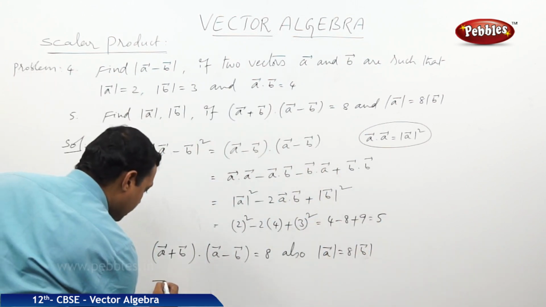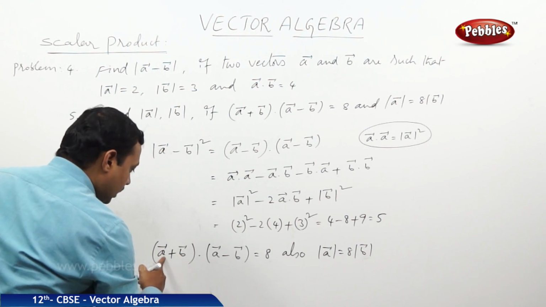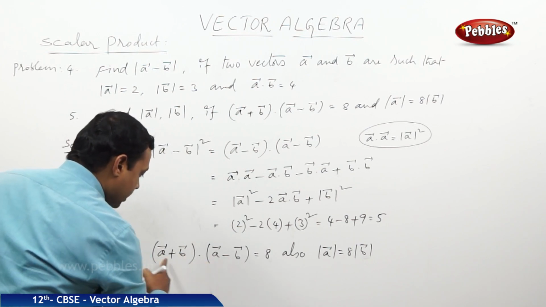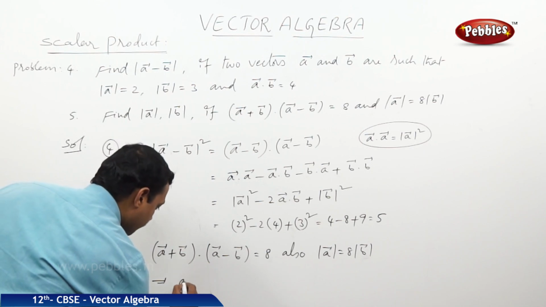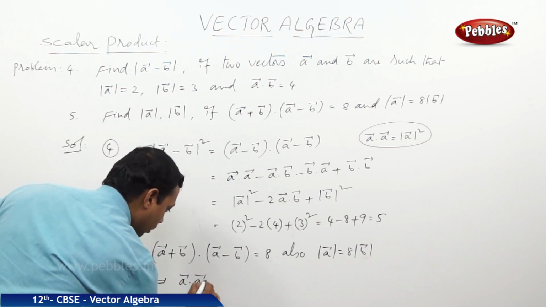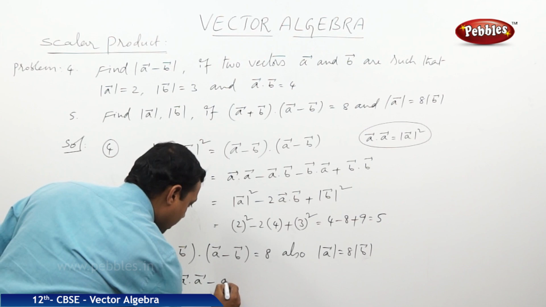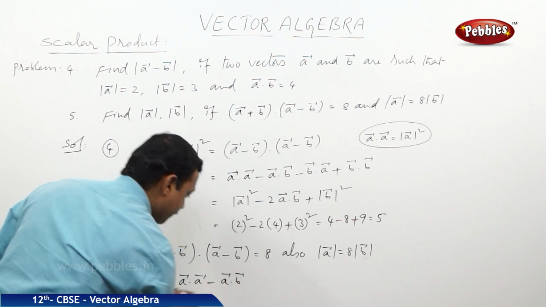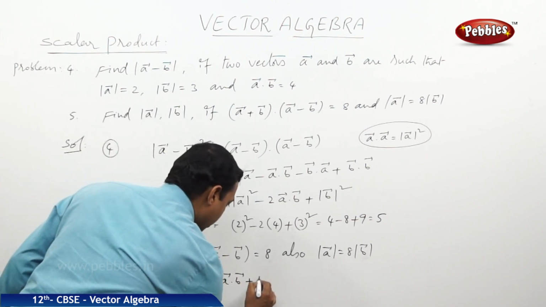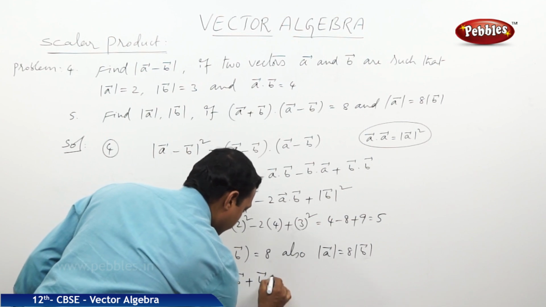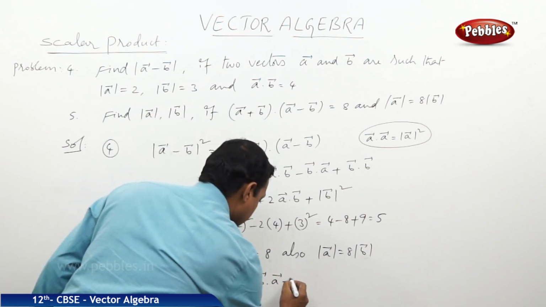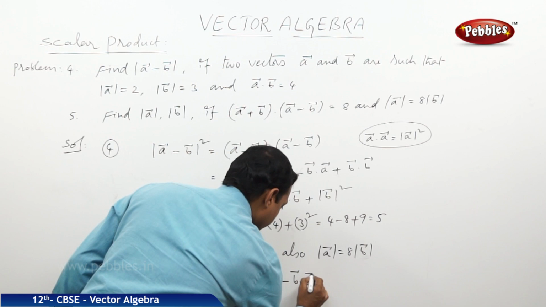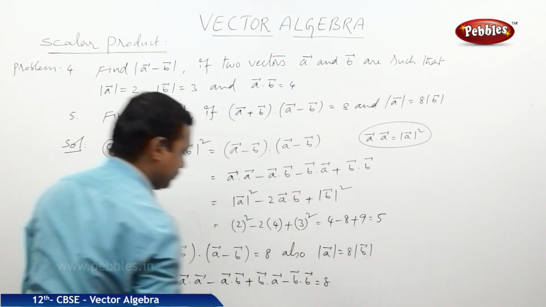Now by the distributive property, a plus b dot a minus b is equal to a bar dot a bar minus a bar dot b bar plus b bar dot a bar minus b bar dot b bar is equal to 8.